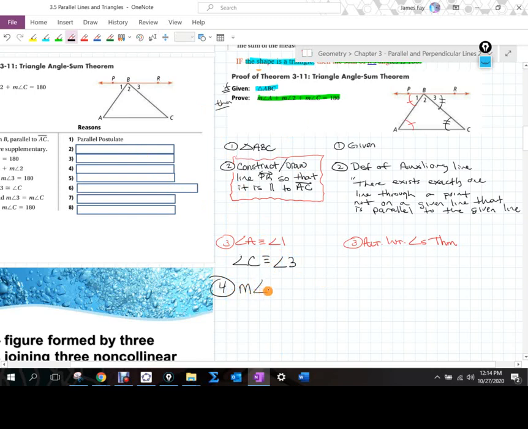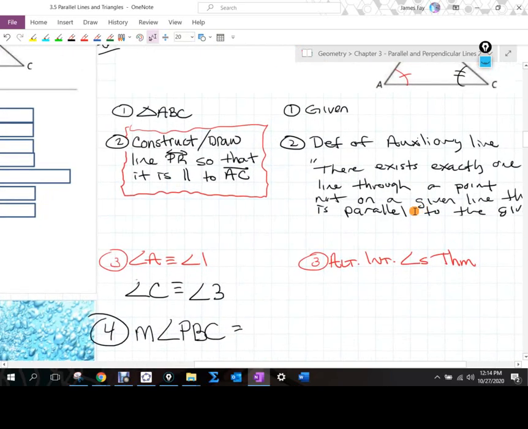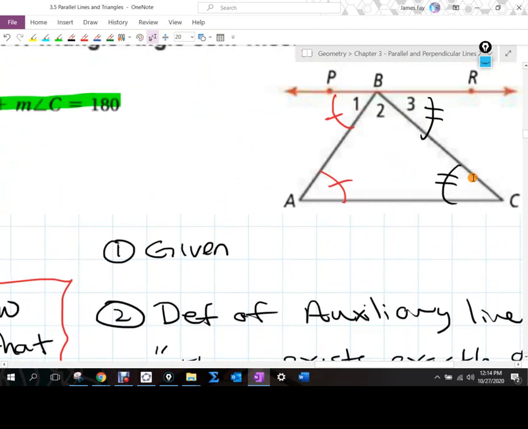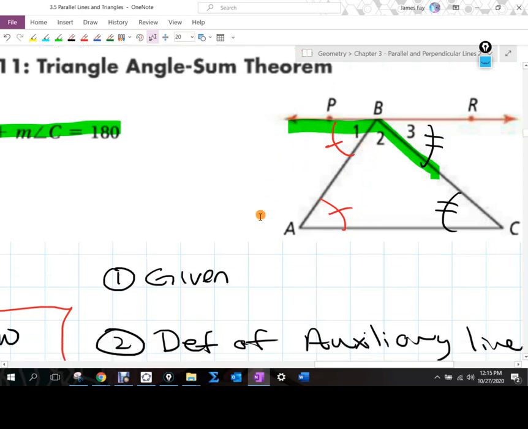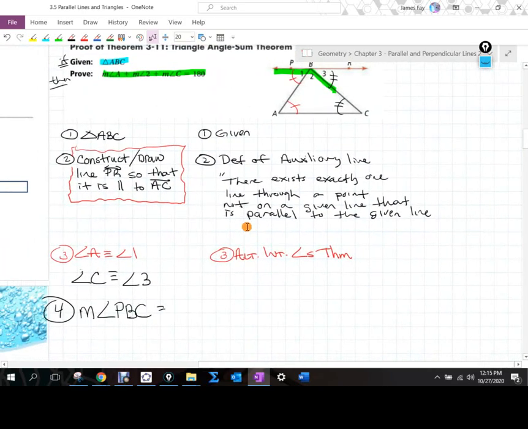If I say the measure of angle PBC, so let's look at that angle there, PBC. Like I said, you could have done PBC or we could have done RBA. But if I look at PBC, it's that angle right there, right? Make sense, everybody? What 2 smaller angles make up PBC? 1 and 2. So I'm going to write the measure of angle PBC is the same as the measure of angle 1 plus the measure of angle 2.